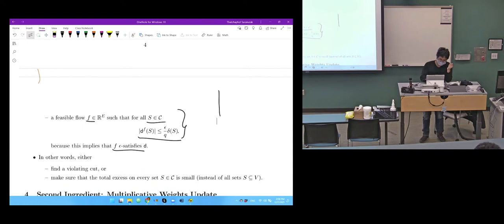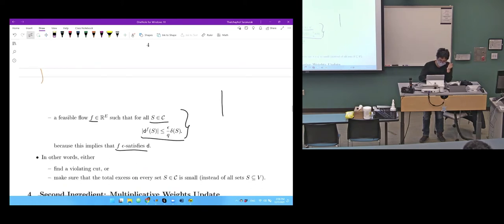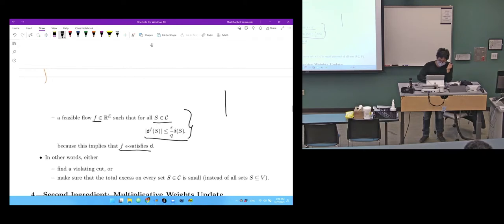In other words, we just want to find a violating cut, or make sure that the total excess on every set in the family is small. But do we know that such a flow always exists?